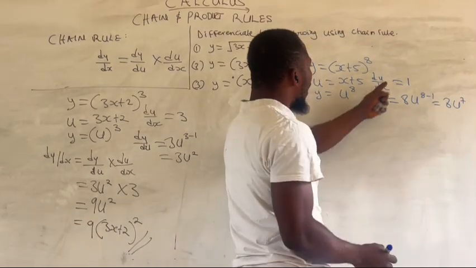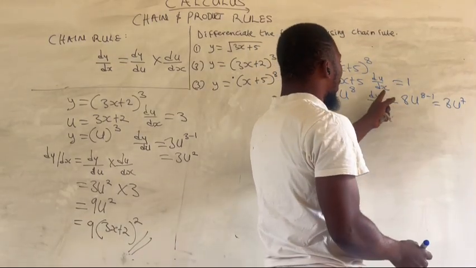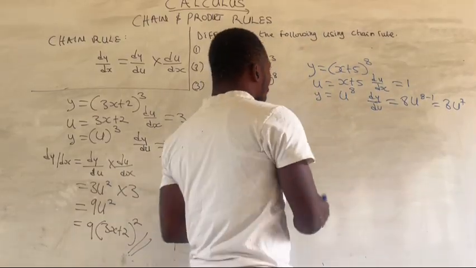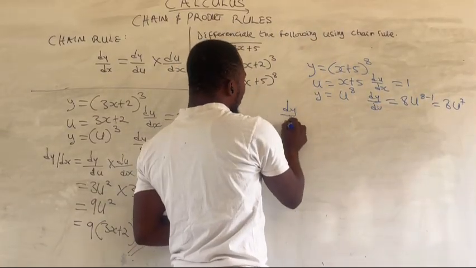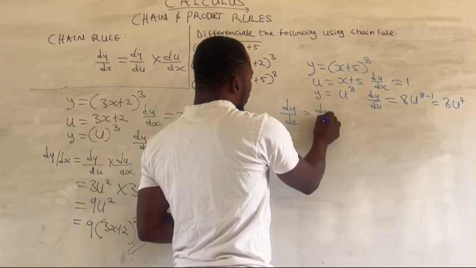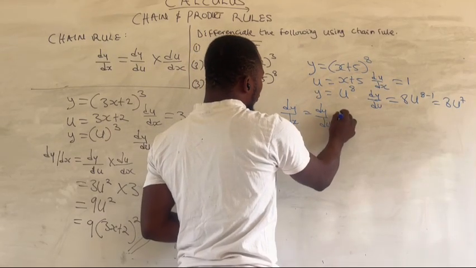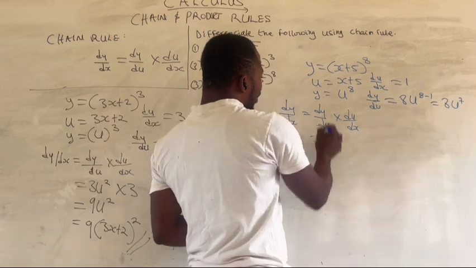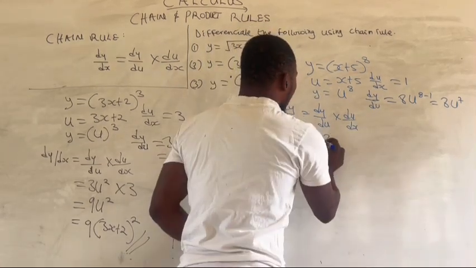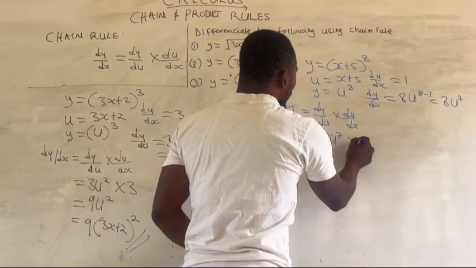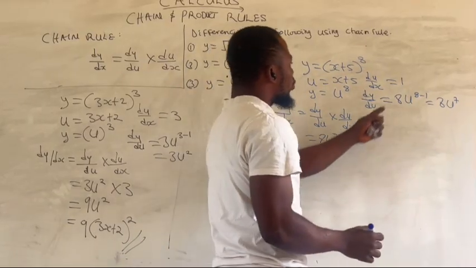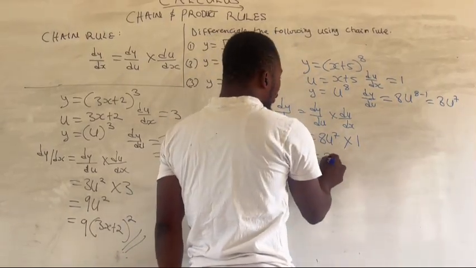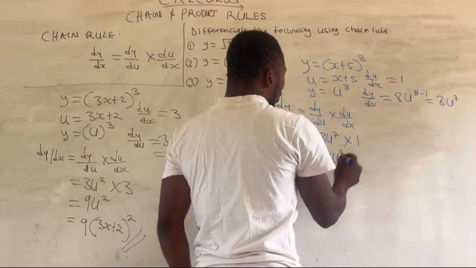Then we've gotten our du dx and our dy du. We now substitute them in the chain rule formula, which is dy dx equals dy du multiplied by du dx. Our dy du is 8u raised to the power of 7, multiplied by our du dx, which is 1. Everything you multiply by 1 will still be 8u raised to the power of 7.